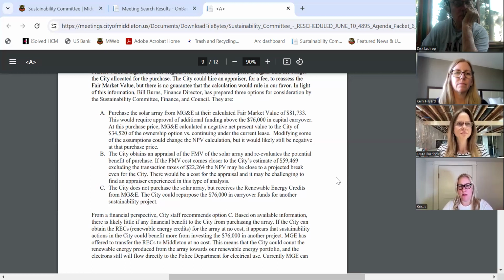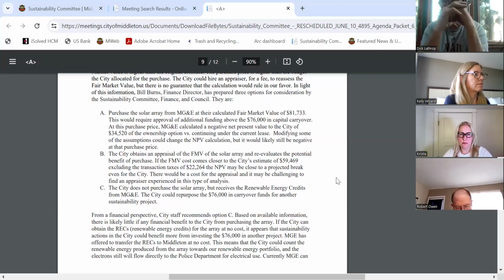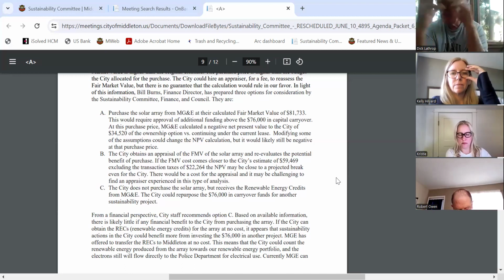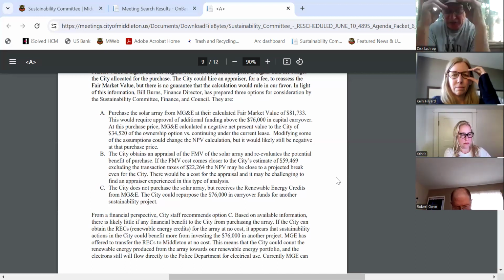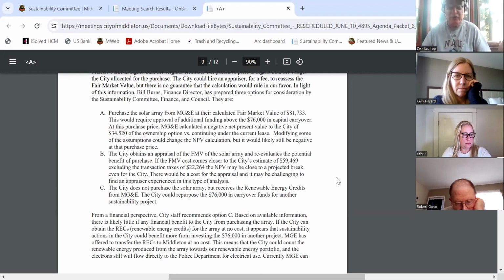Dick? Yeah, the one bit of information that I'm not seeing here is, what is the value of the electricity that's being produced? If we're thinking of a net zero kind of financing on this, we save money by generating solar energy on our rooftop, right? So if we own the thing, how much money is that bringing in?